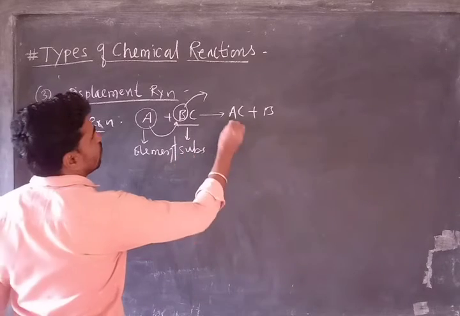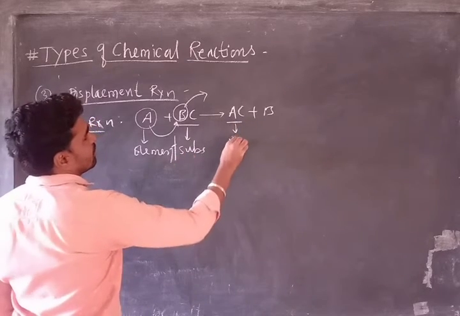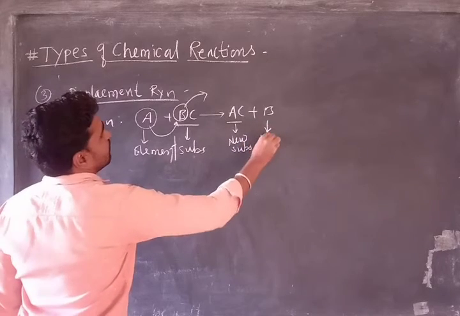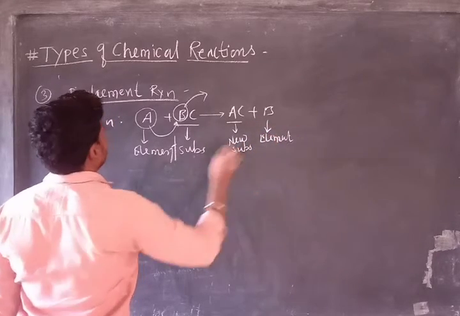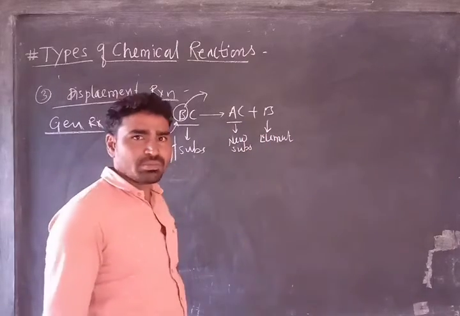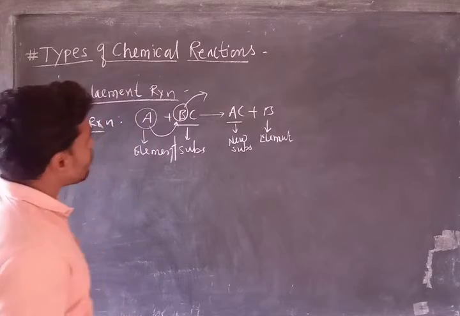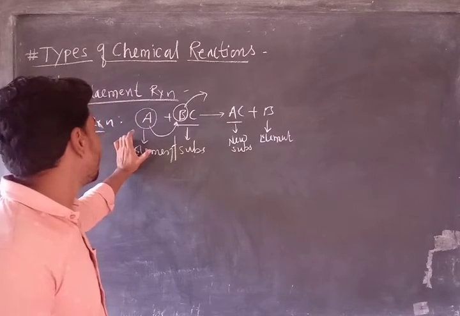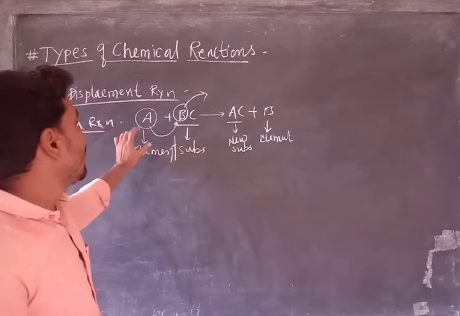A new substance is formed here, and here we get B as an element. Earlier we had the A element, and afterwards we get B as the element. I hope you get the idea of how the displacement reaction takes place.